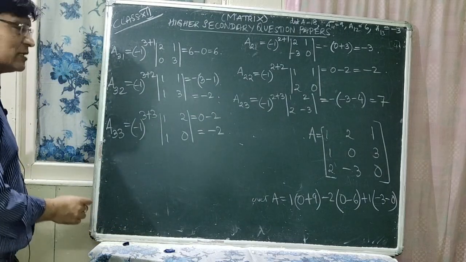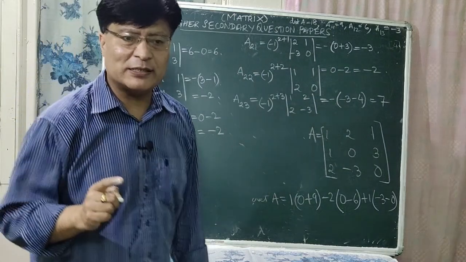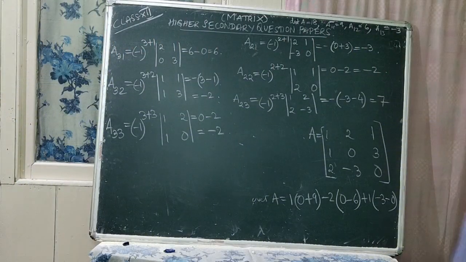Now let us assume the B matrix. Let B be the matrix whose elements are the cofactors of the elements of matrix A. Right?